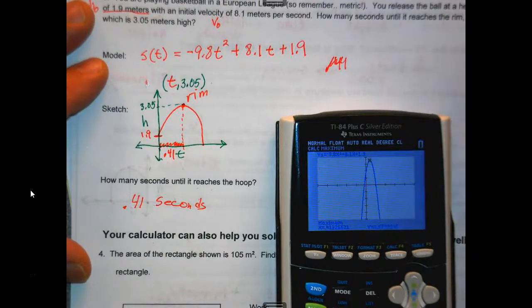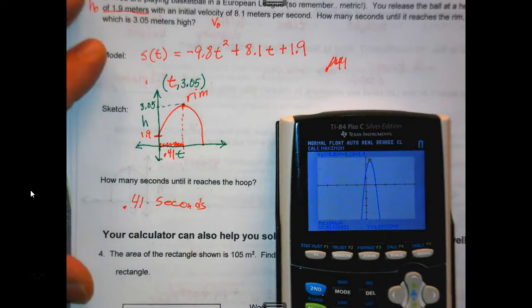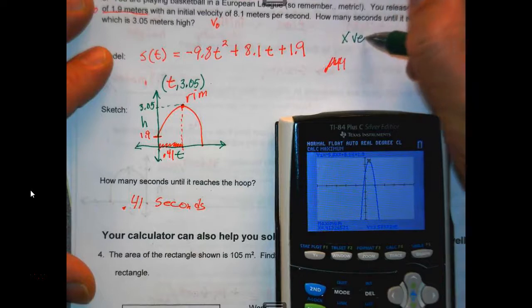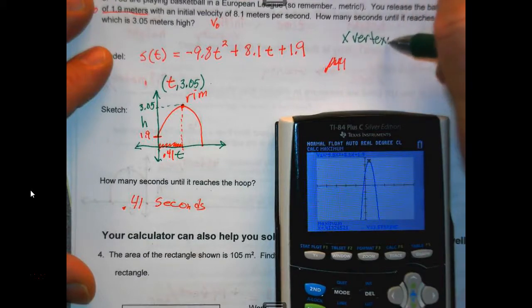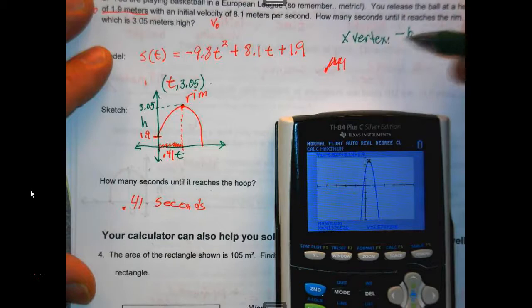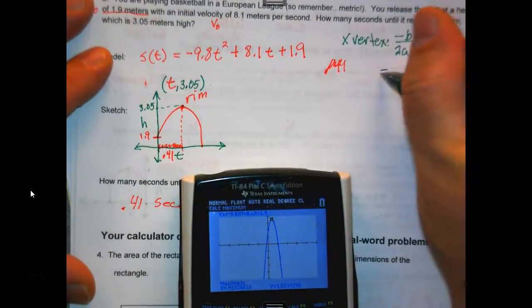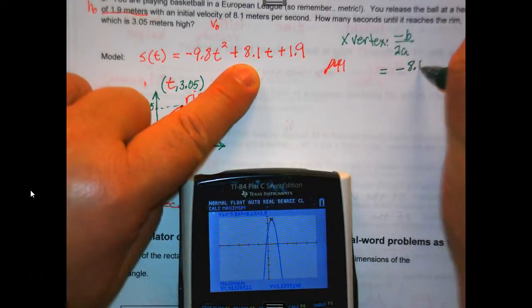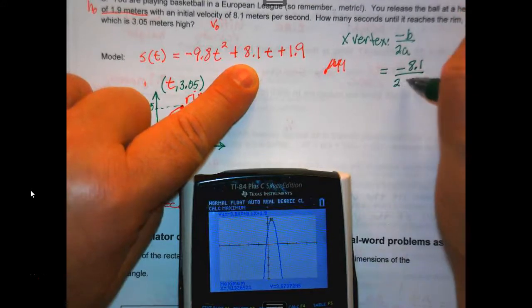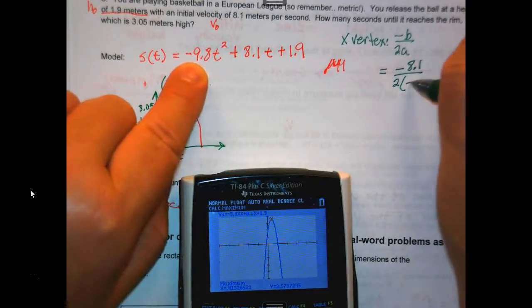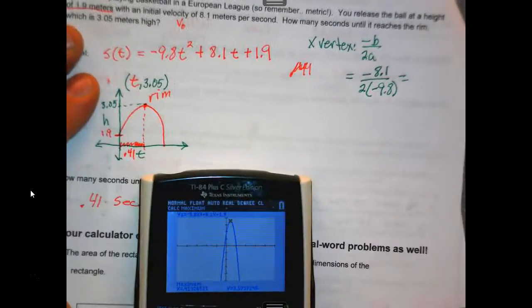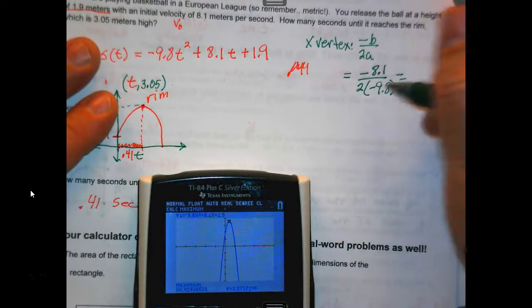Yes, we could. Very easily. It's on your notes from yesterday, right? The x coordinate of the vertex is negative b over 2a, isn't it? Okay. What's my b? 8.1 over 2 times my a, negative 9.8. Negative negative is going to make it positive.